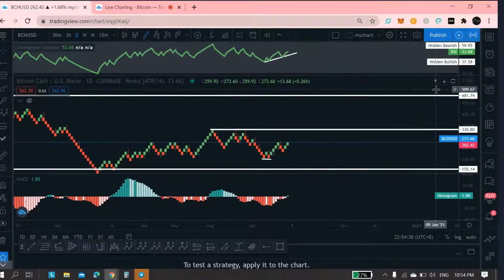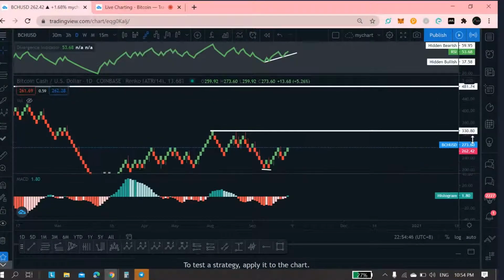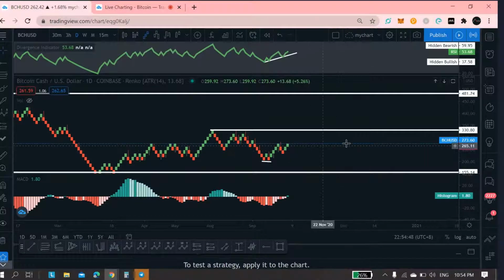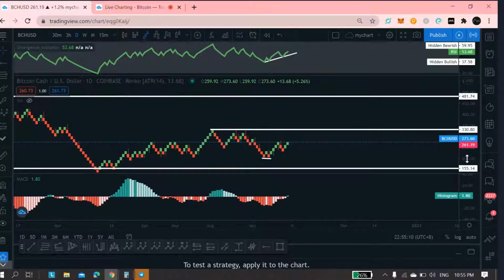And currently it's trading at 262.42 area. So for this one, the 273.60, or the blue dotted line here, serves as short-term resistance area. So you can alarm it once it forms a bullish Renko chart at 274 area before going long.